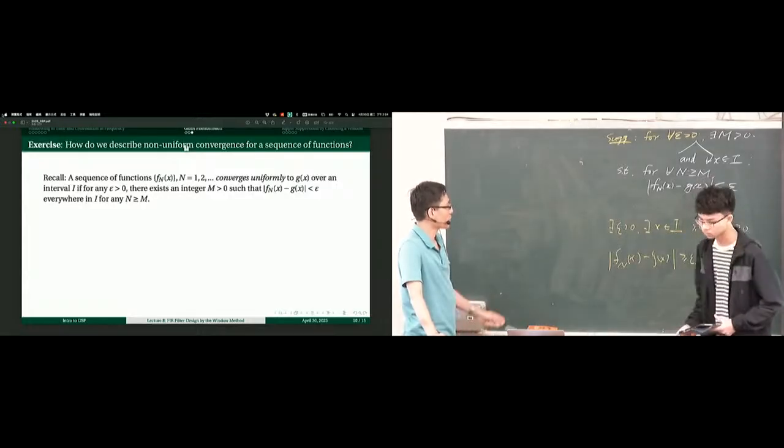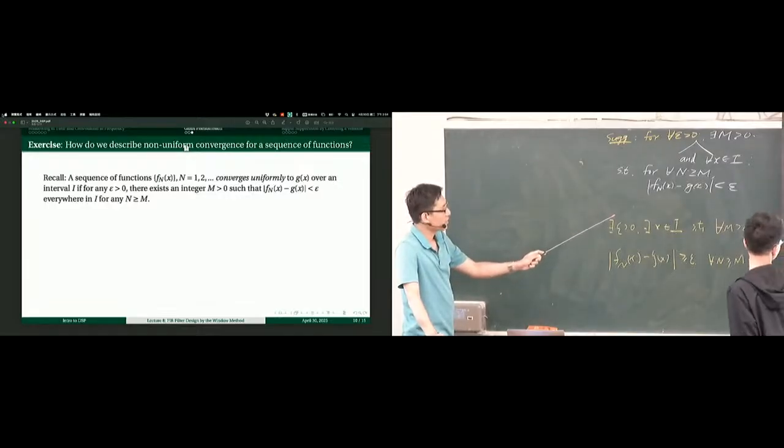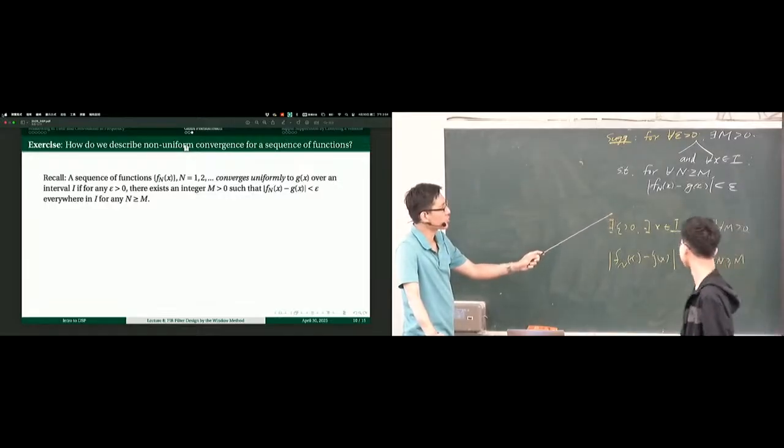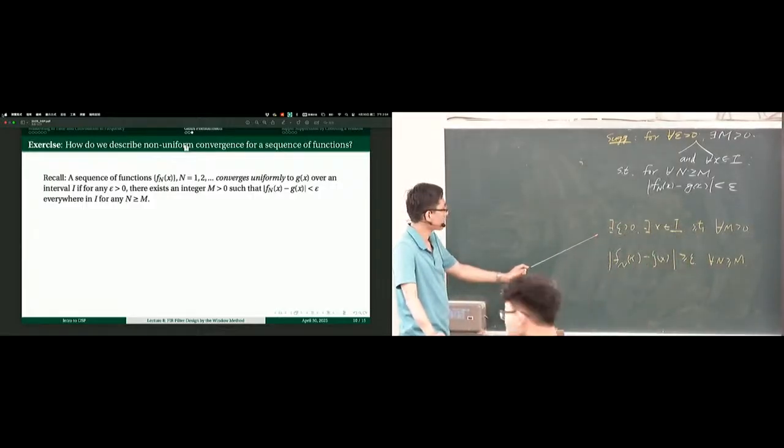Okay, so let me try to read it. A sequence of functions f converges to g non-uniformly if, let's try to see what's going on.